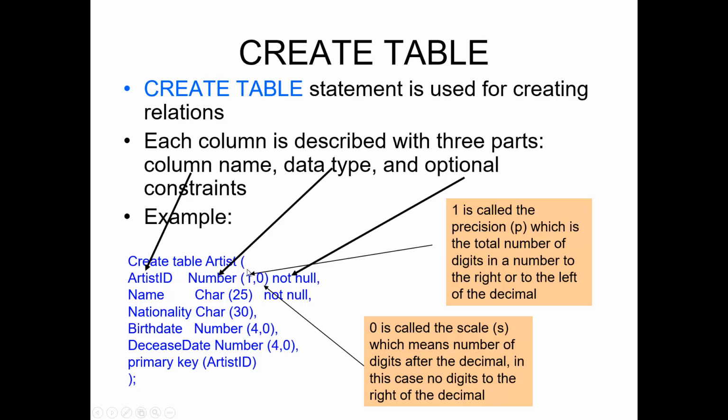So if we say that the precision is 15, the total number of digits will be 15, whether it's on the right of the decimal or to the left of the decimal. In this case, the 0 is called scale, and the scale means the number of digits after the decimal on the right hand side. So in this case, no digits to the right of the decimal.